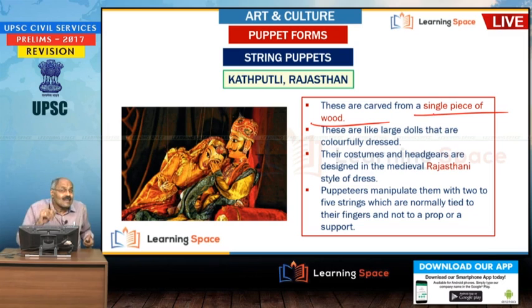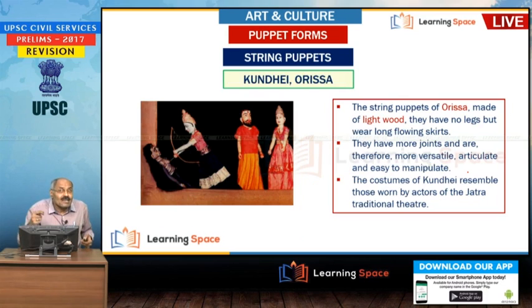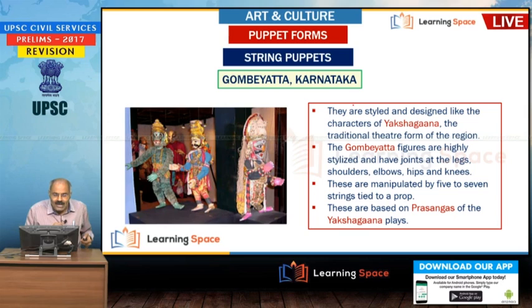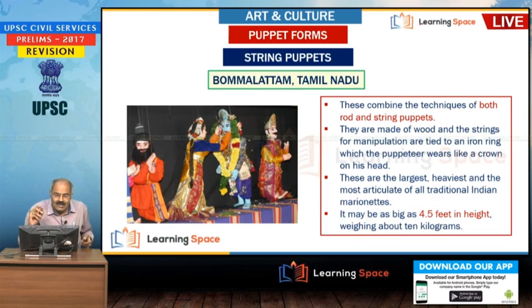So, please understand this Kathputli of Rajasthan, and here the costumes and headgears are designed in the medieval Rajasthani style of dress. Then Kundhei, this is of Orissa and this is made of light wood. Then Gombeyatta, this is Karnataka. Then the next one is Bommalattam, this is Tamil Nadu.